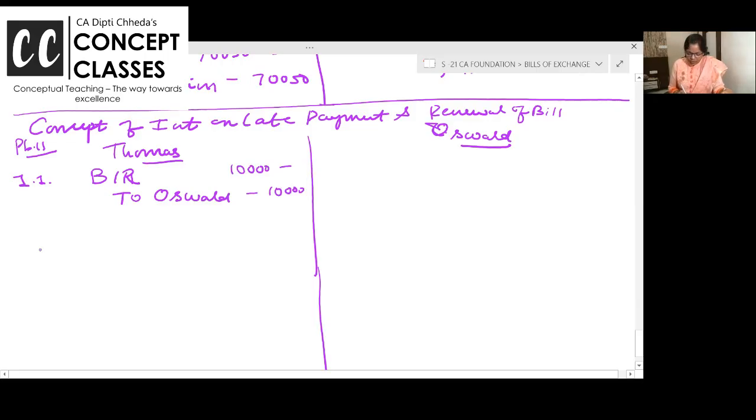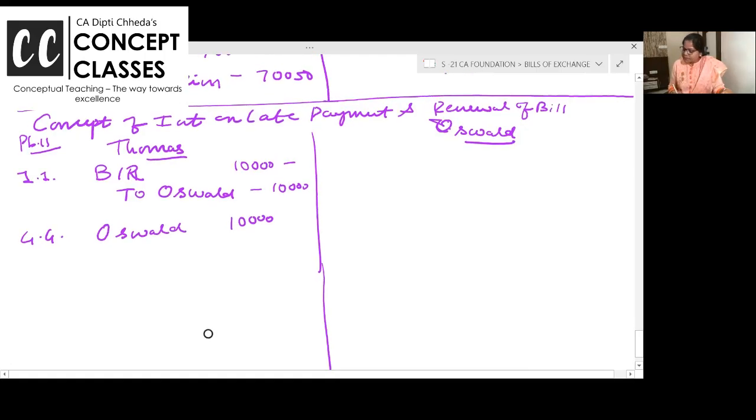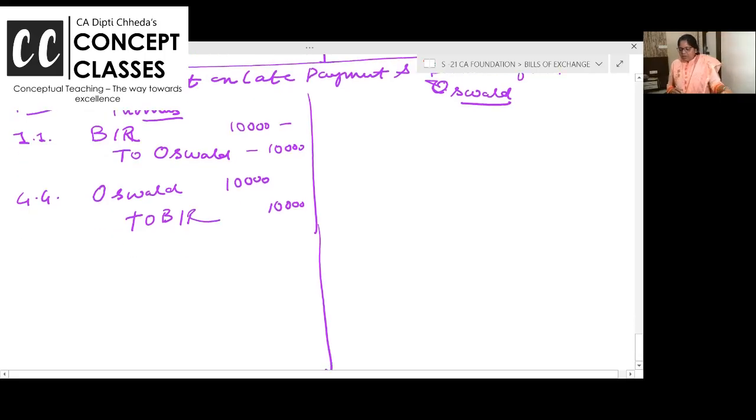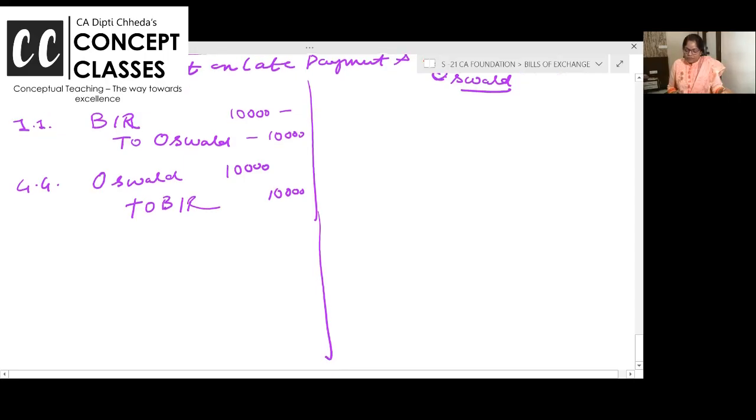On the date of maturity, that is after 3 months, so 4th of April, Oswald account debit 10,000 to bills receivable. This bill is dishonored. Bills receivable to Oswald, Oswald to bills receivable, dishonored. Fourth of April.